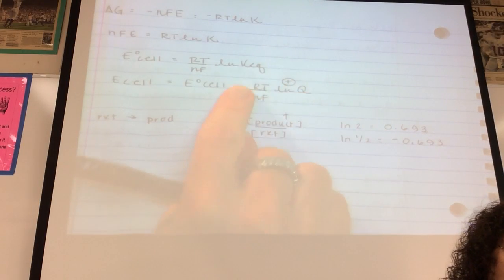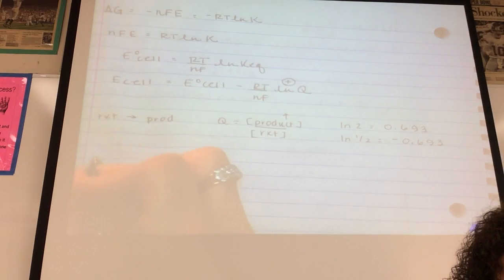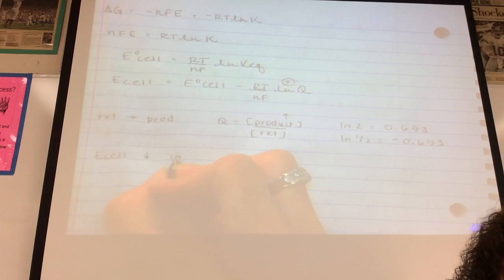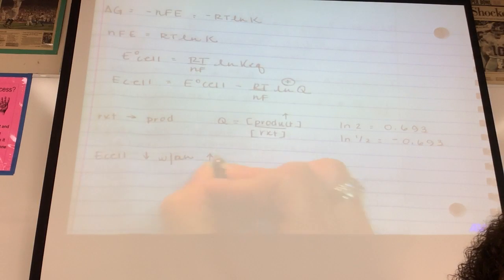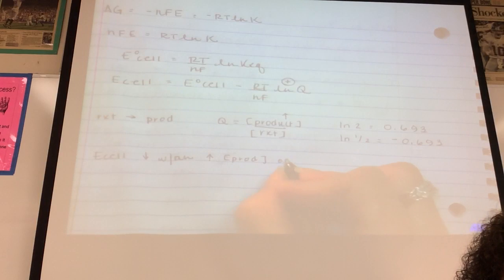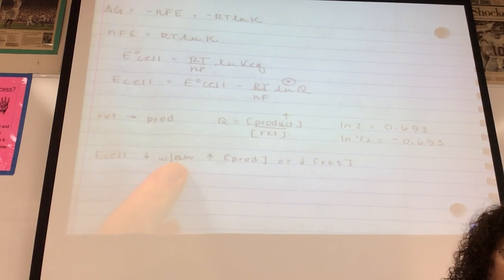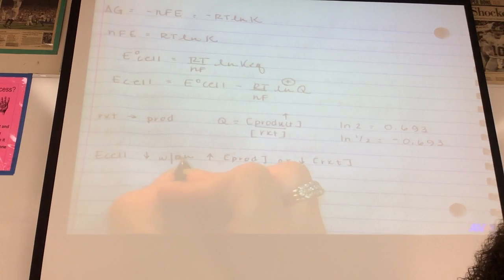And we then subtracted this from E cell, and we saw that E cell decreased with an increase in product concentration, or truthfully a decrease in reactant. And I'm sorry, I started to write something quickly, so this is with n. I hope it's clear.